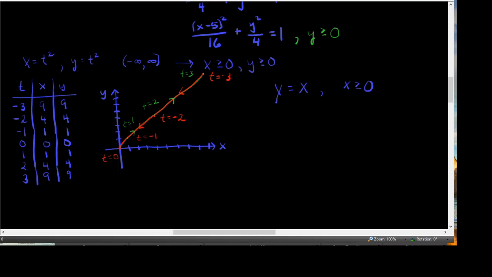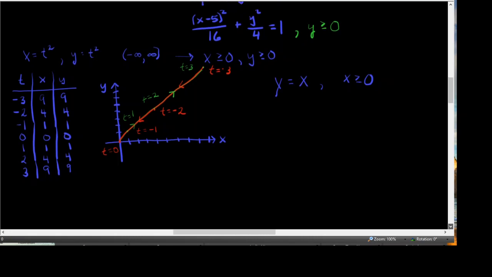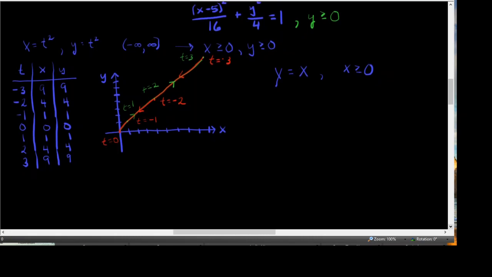Now, one thing that you might encounter is that parametric representations of a curve aren't always unique. So, for example, could I have had, for this same problem, x equals t to the 4th, y equals t to the 4th for all real numbers?